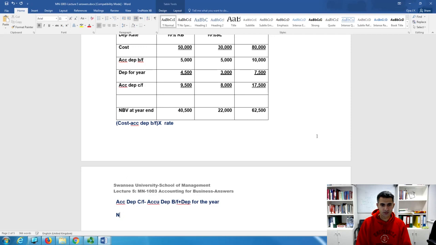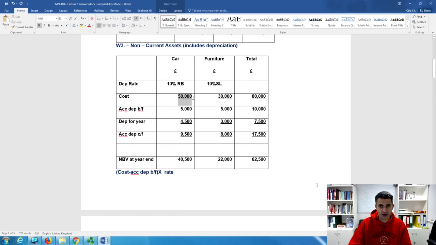Net book value equals cost minus accumulated depreciation carried forward. Sorry guys for the capital letters and small letters. So 50,000 minus 9,500 gives us 40,500. 40,500 pounds. Amazing. Great. So this is for the car.